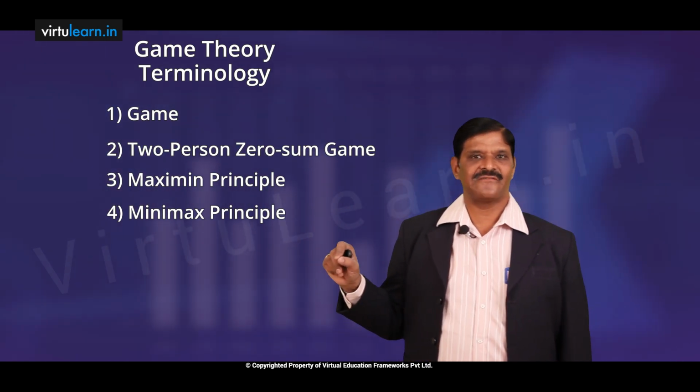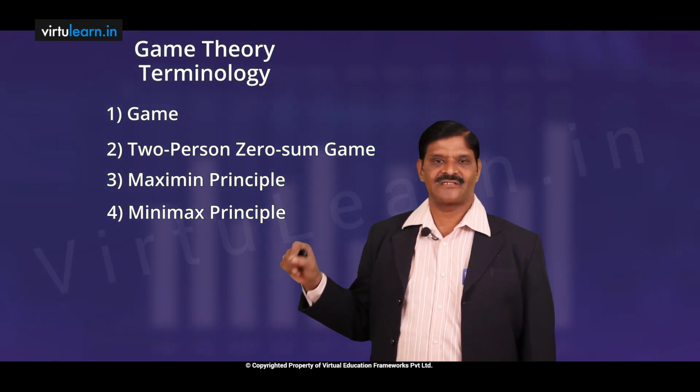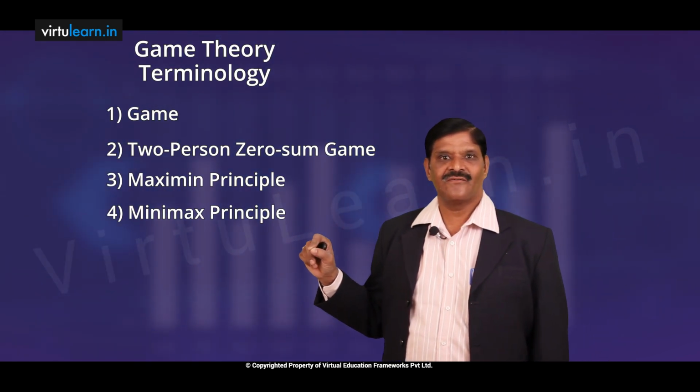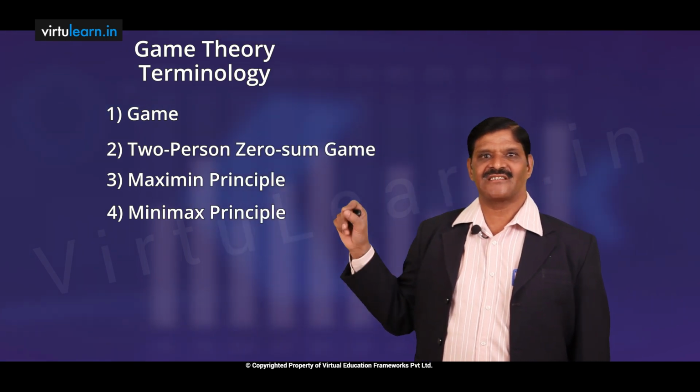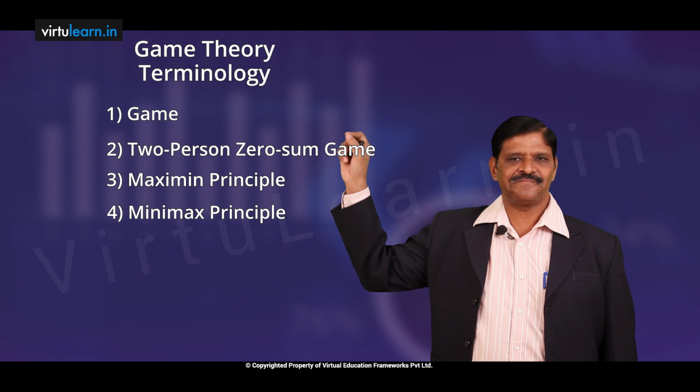And in case of minimax principle, player B has noted down what is the maximum loss that can occur when he follows B1 strategy, B2, B3, B4, B5, Bn, whatever that is there.